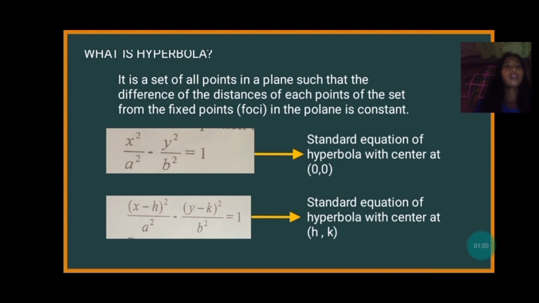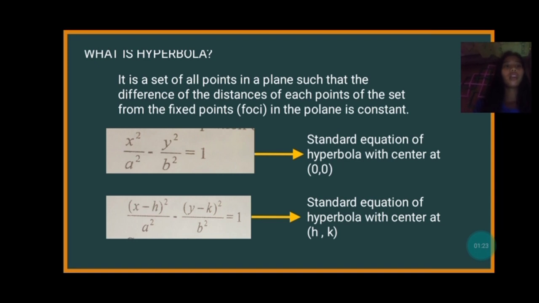Now, the equation: if the center of your hyperbola is (0, 0), then the standard equation is x squared over a squared minus y squared over b squared equals 1.